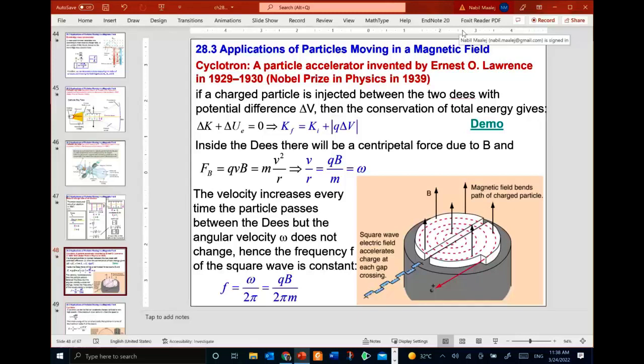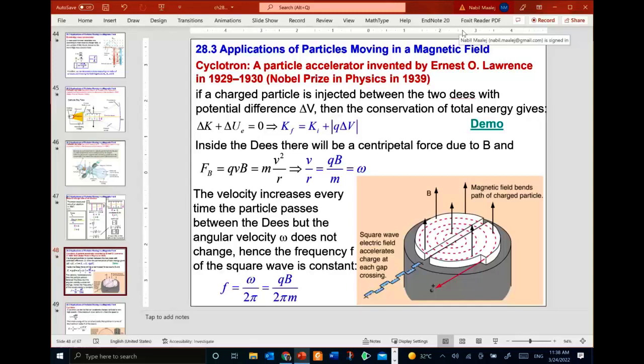It gets accelerated. So this is the genius, that he combined these physics principles to invent this machine. The question is, how did he come up with this idea? I mean, people knew charged particles get accelerated by an electric field, and a magnetic field makes them move in a circle.